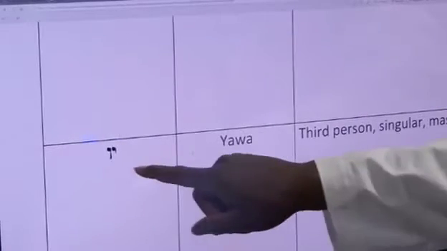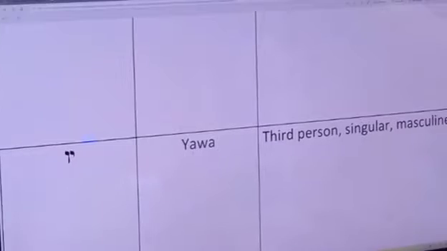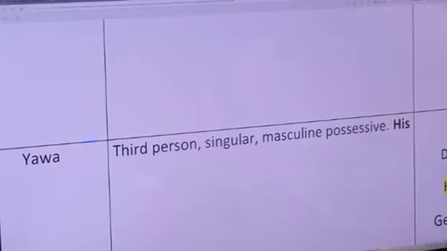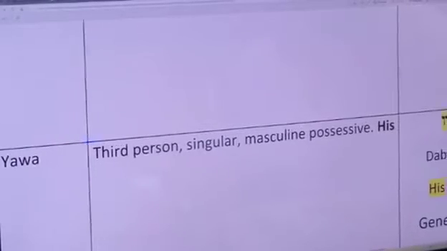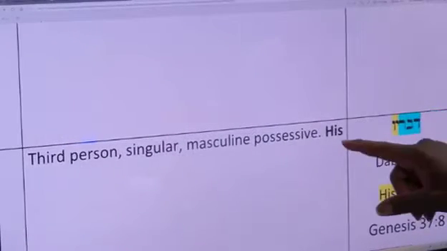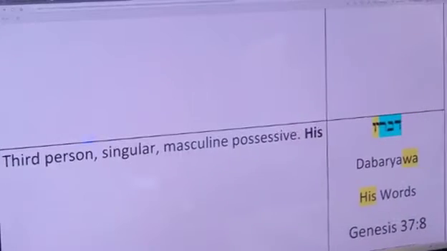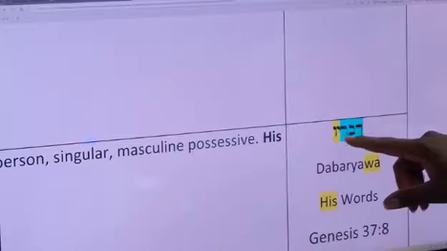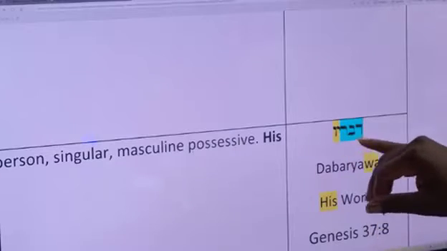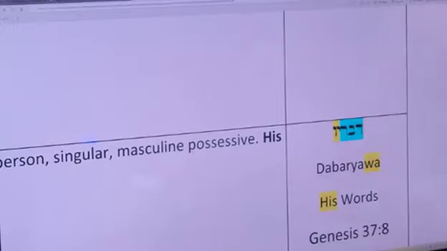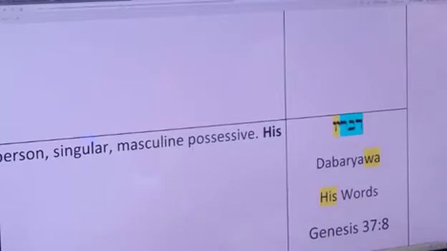We have the suffix yawa, which is third person point of view, singular in number, masculine in gender. And the suffix yawa means his. And the example we have is dabar suffixed with the suffix yawa, which gives us the Hebrew word dabar yawa, which means his words.